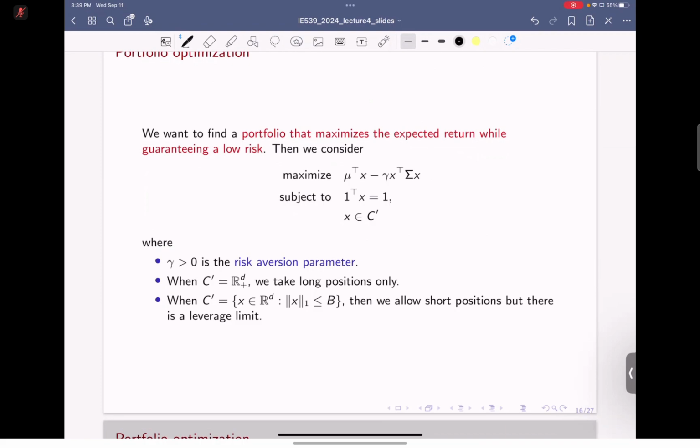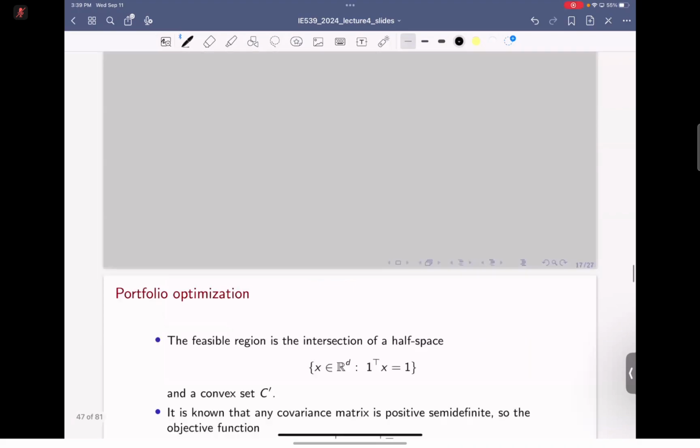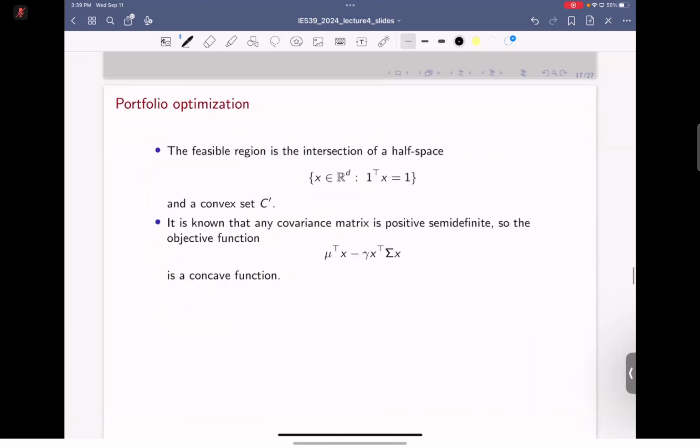First, this is a maximization problem. It's actually known, just believe me on this, that if you take any covariance matrix, it's always a positive semi-definite matrix. So sigma here is positive semi-definite.